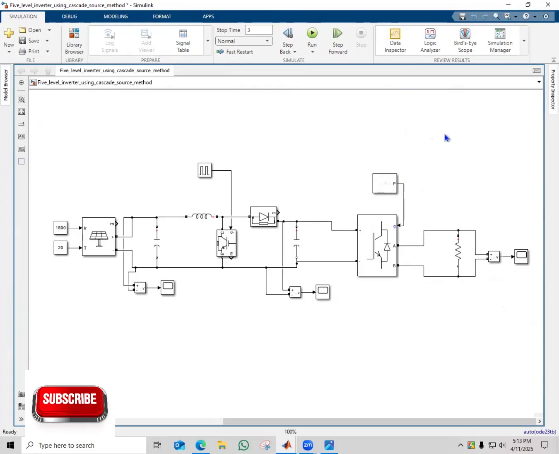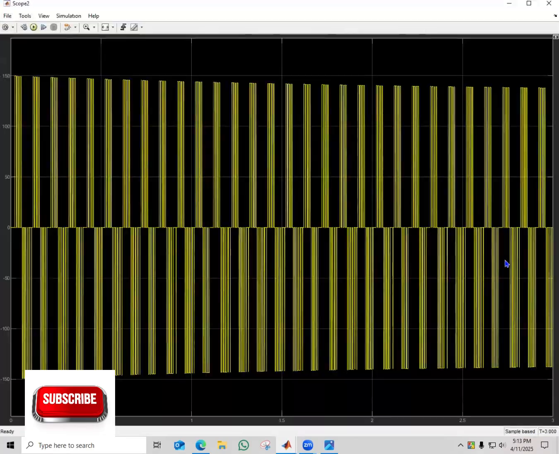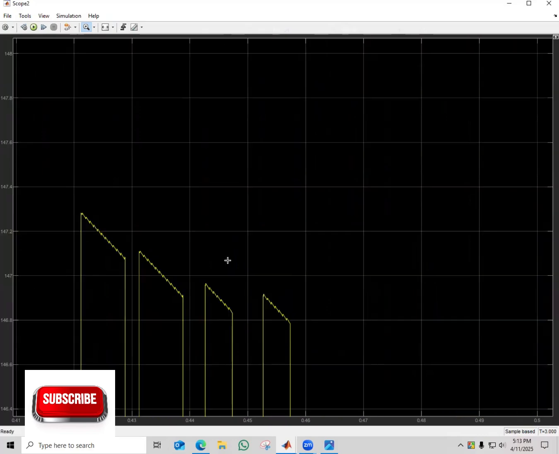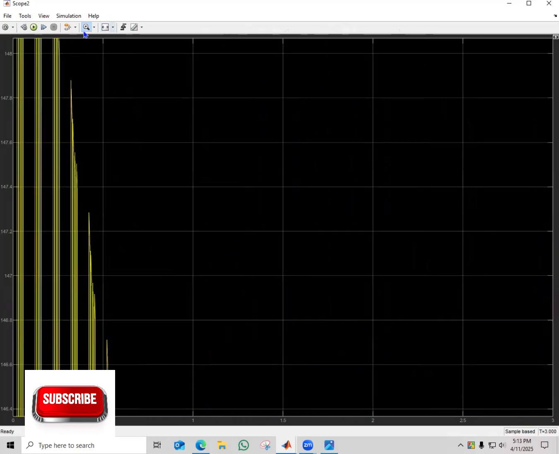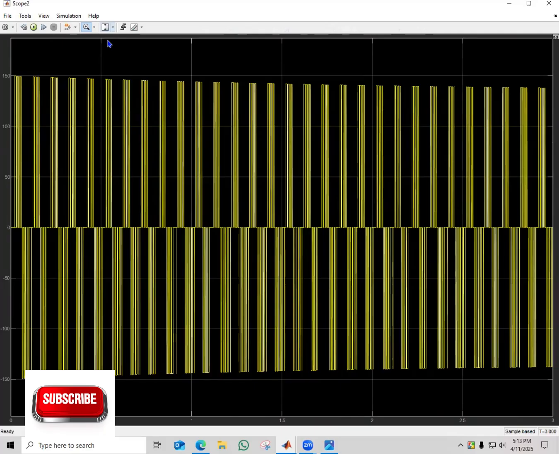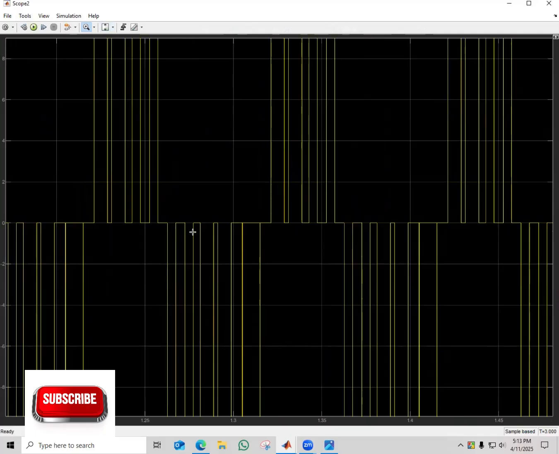Okay, now run this function so that we can get the output across the load resistor. Now we can see here that there is a pulse width modulation, which is a square wave generator, and after a particular period the negative half cycle also appears.